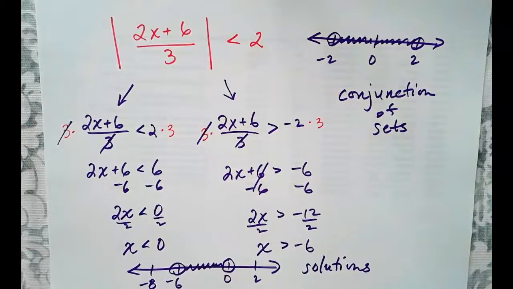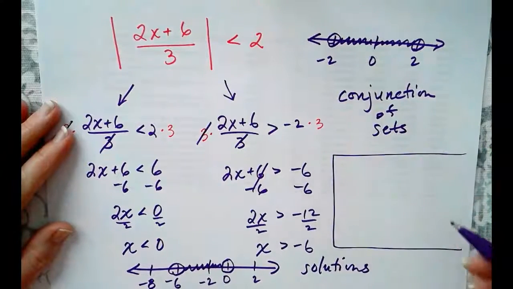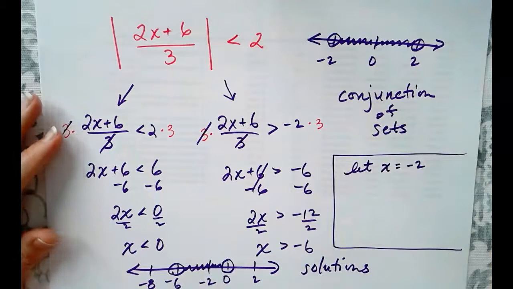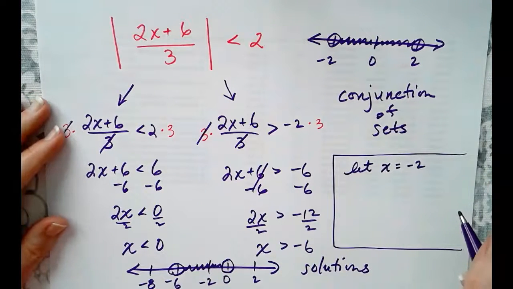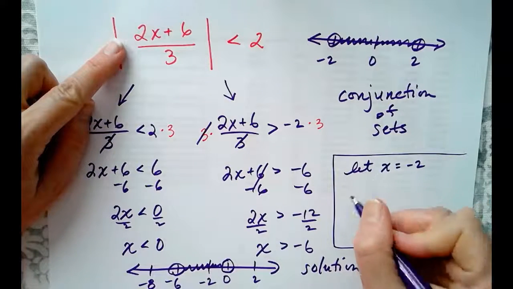And a number that is in the middle, we'll say is negative 2. So if we let x equal negative 2, we're going to check it right here, we should get a true statement. So we're plugging in negative 2 into the original inequality.